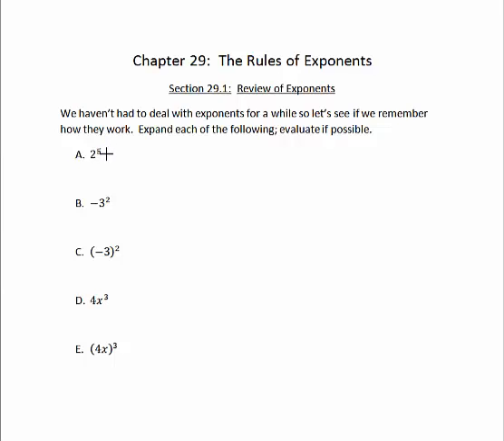So first case, we have 2 to the 5th power, and that simply means that we have 1, 2, 3, 4, 5 2's, and they're all multiplied times one another. Okay, so 2 times 2 is 4, times another 2 would give us an 8, times another 2 would give us a 16, and then 16 times 2 is 32.